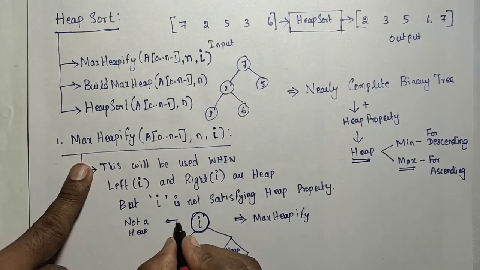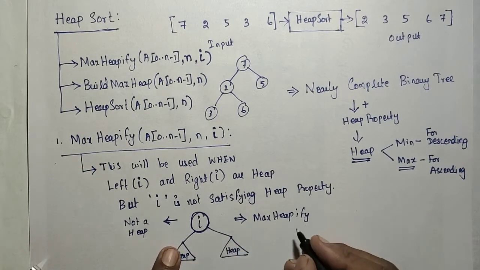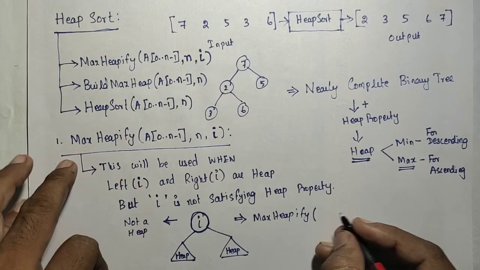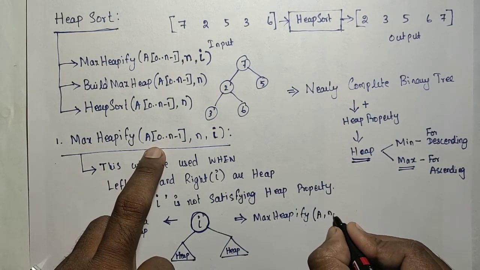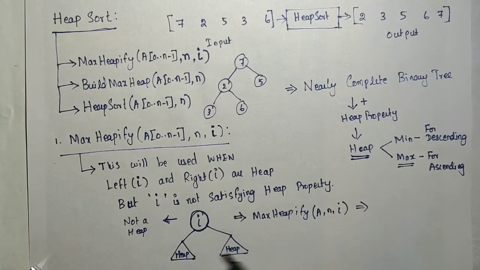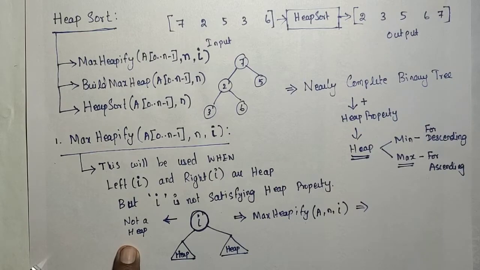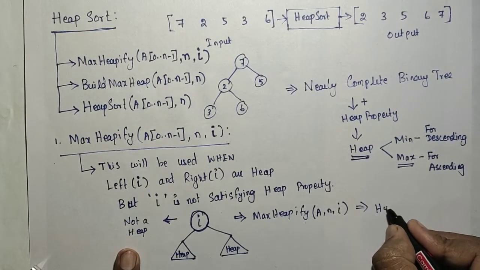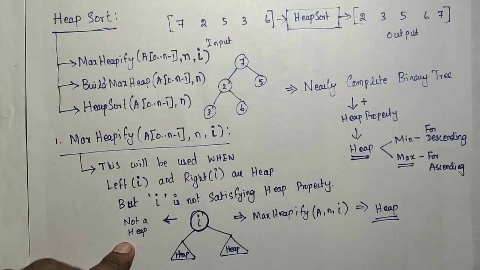This tree is not a heap, while this tree is a heap and this tree is a heap. Then I can apply this algorithm, max heapify of A comma n comma I, so that it will convert that entire ith tree into a heap.